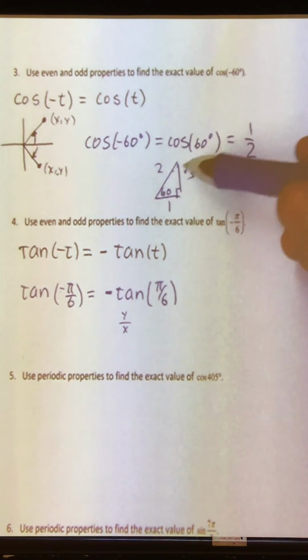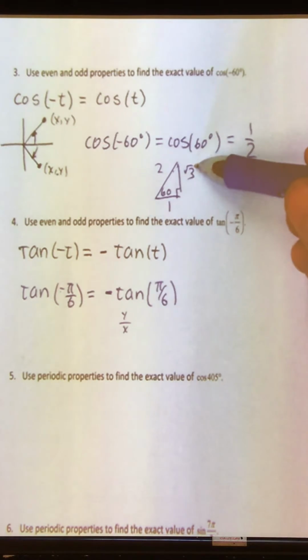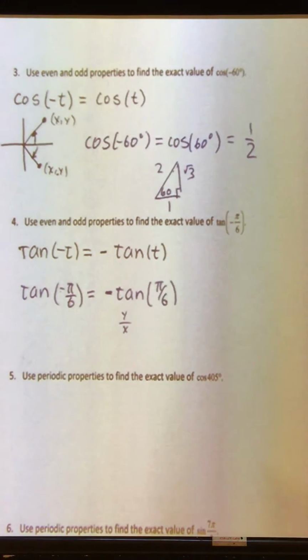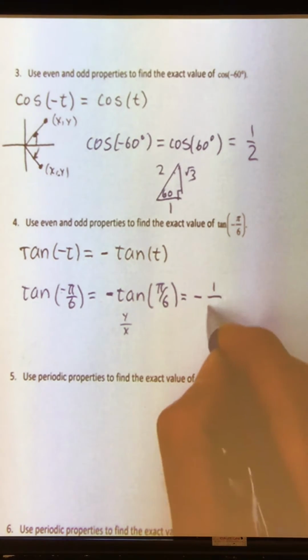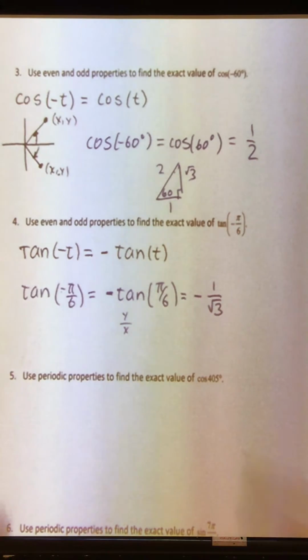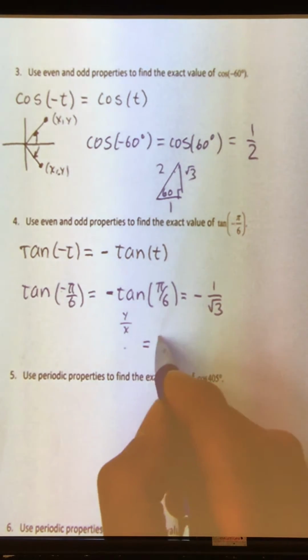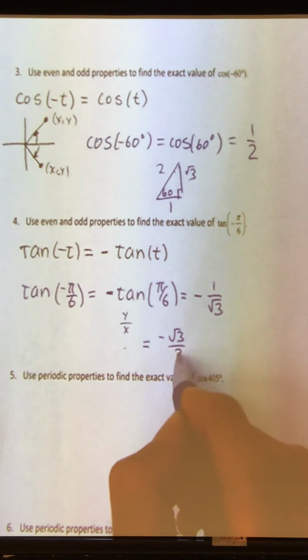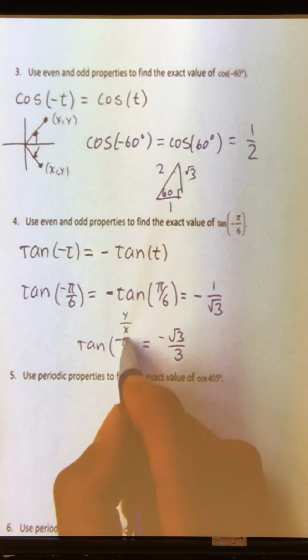So working through this angle here, 1 divided by root 3 with a minus sign in front. Minus sign, y is 1, x is root 3. If we rationalize that, we get minus root 3 over 3, and that's the tangent of negative pi over 6.